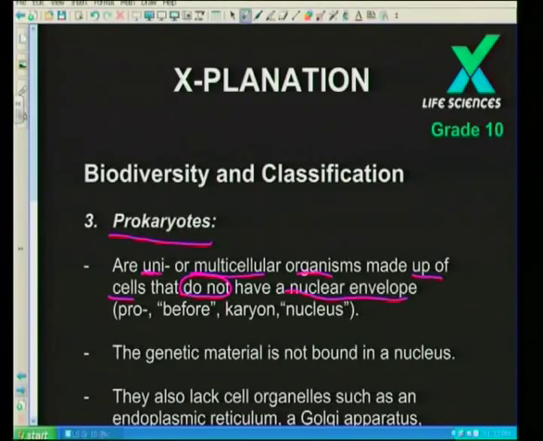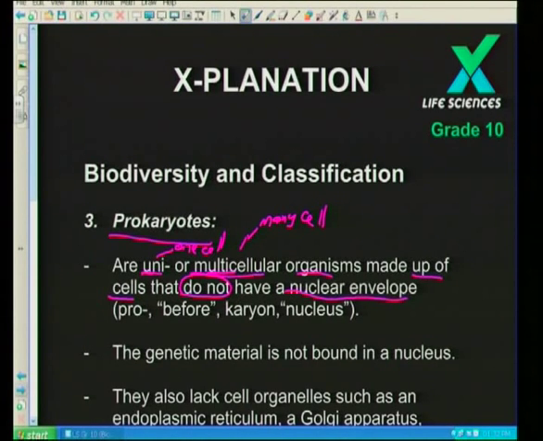Pro meaning primitive. That means that the nuclear material, or the genetic material, or the DNA, is not surrounded by a nuclear membrane. So prokaryotes are unicellular or multicellular, and unicellular means one cell, multicellular means many cells.